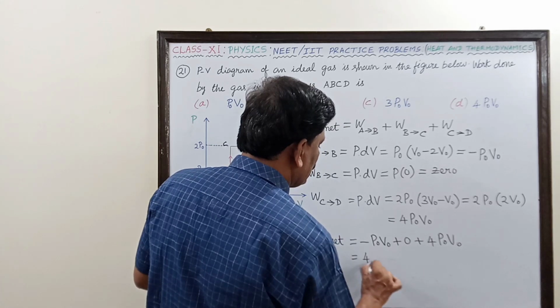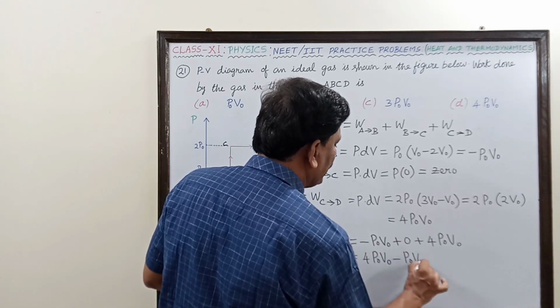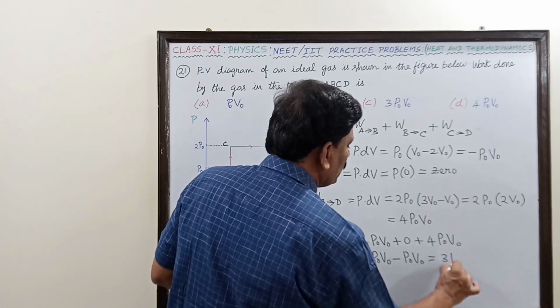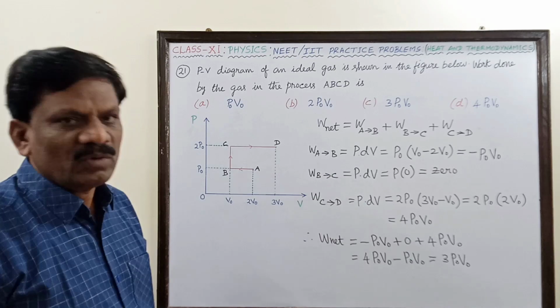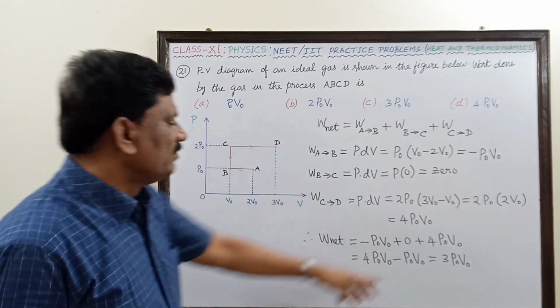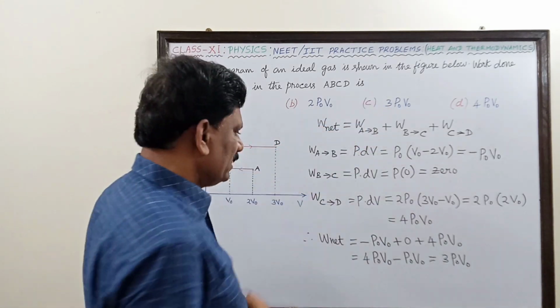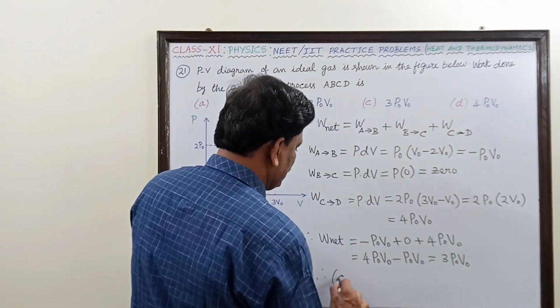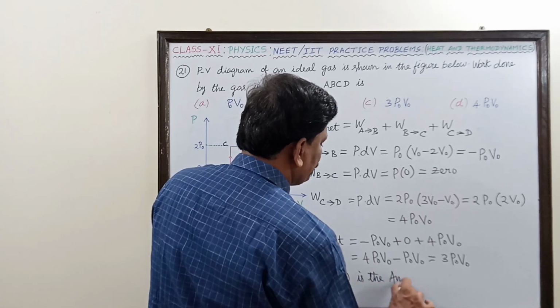So this is equal to 4 P0 V0 minus P0 V0, which is 3 times P0 V0. This is the net work done in the process A, B, C, D. Which of the options is correct? You see option C. Therefore option C is the correct answer.